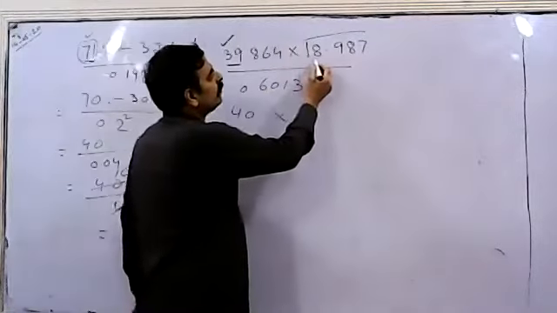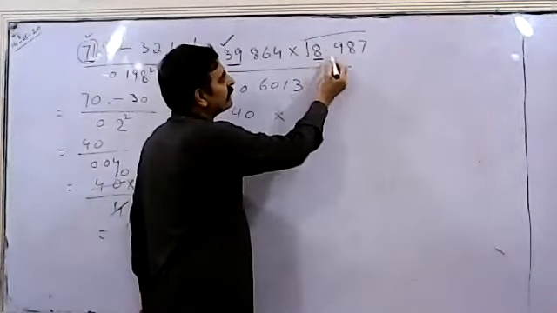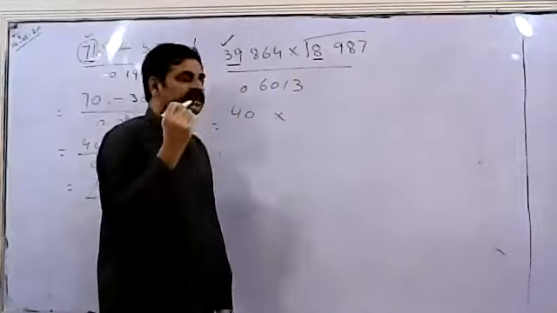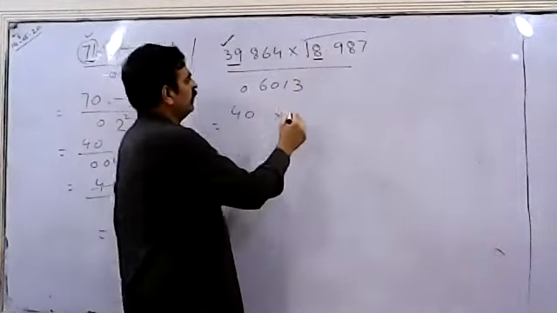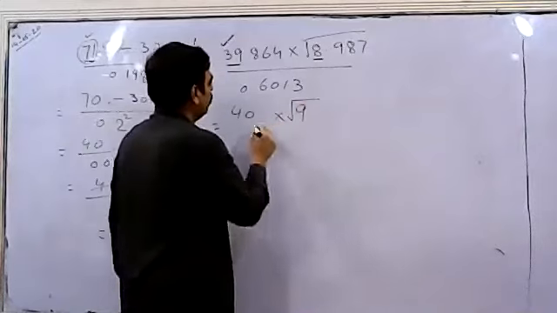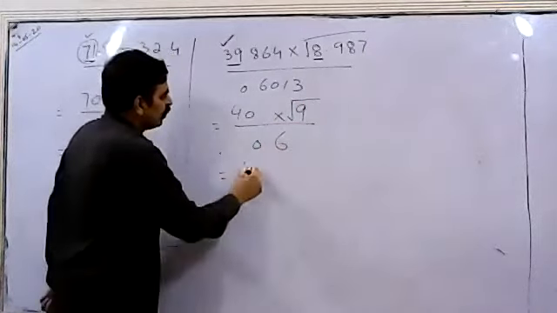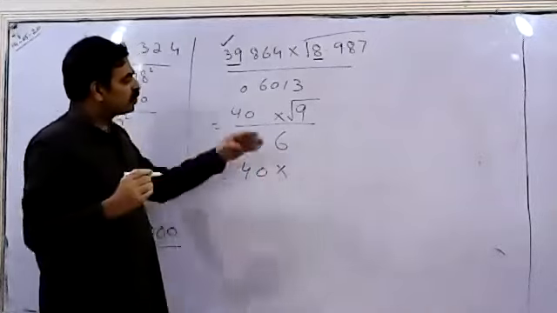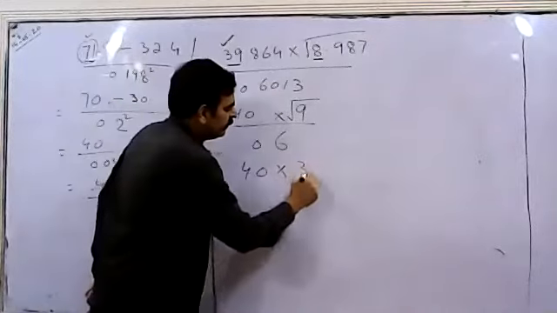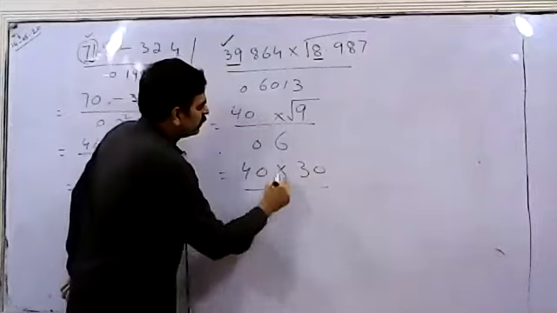Because there is only one digit written before the decimal, this digit is known as a whole number. So it's 9. Square root of 9 over 0.6. So 40 multiplied by square root of 9 means 30, over 0.6.